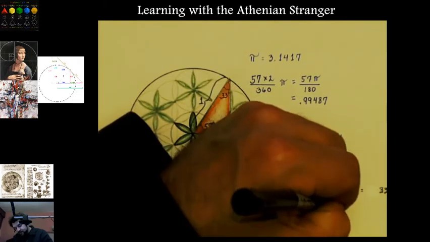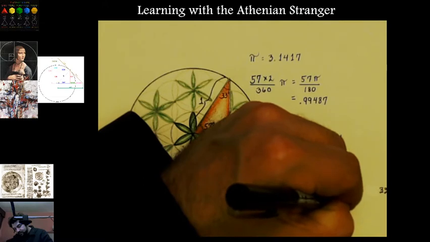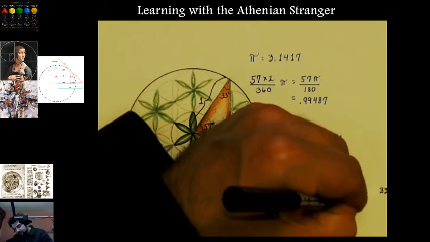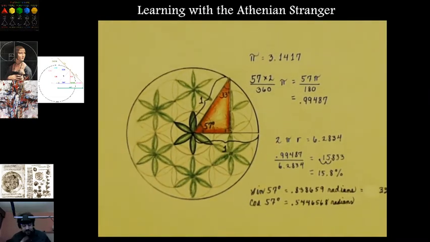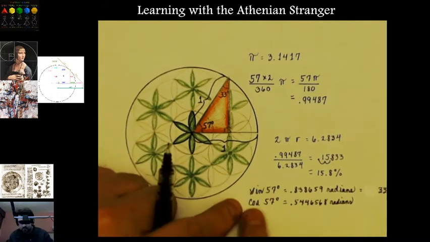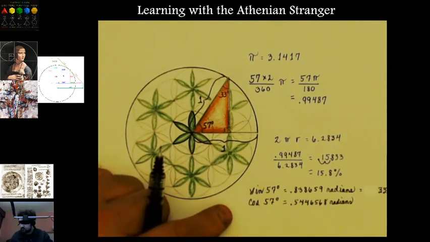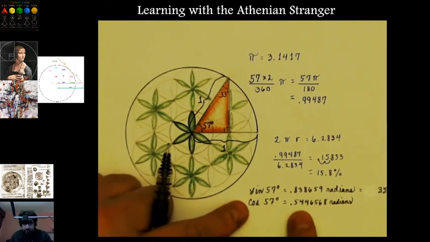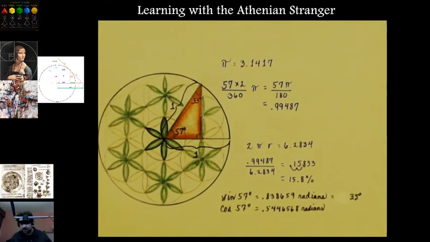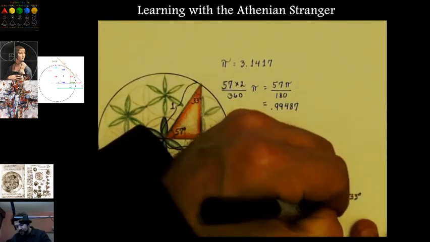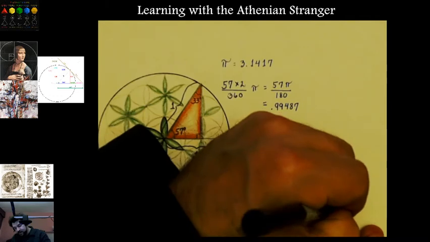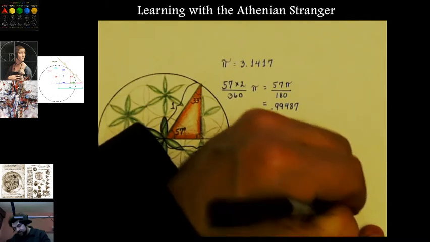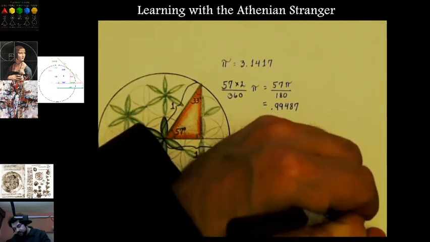Okay, so cosine of 57 degrees equals this, 0.5446568 radians, which is equal to the sine of 33 degrees.